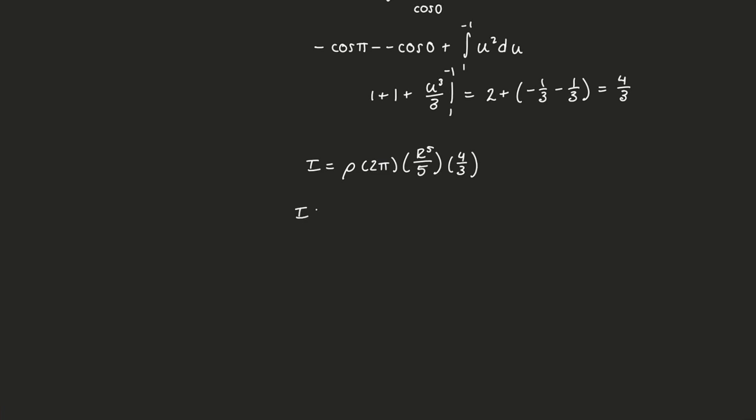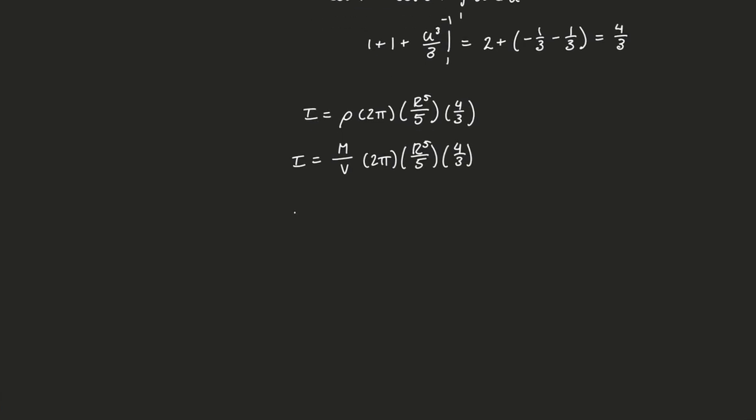So I is equal to mass divided by volume, times 2 pi r to the 5th over 5, times 4/3. And then the volume of a sphere is 4/3 pi radius cubed.